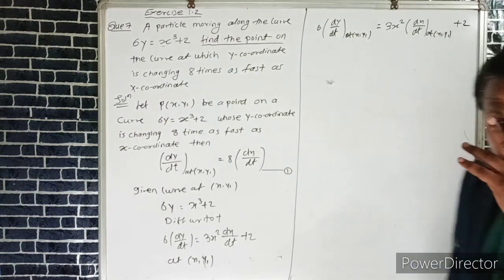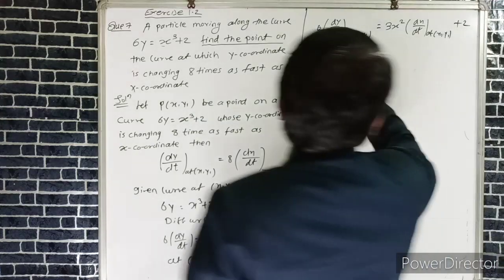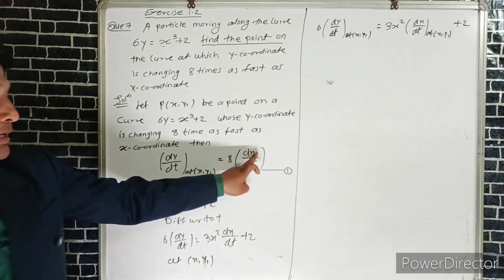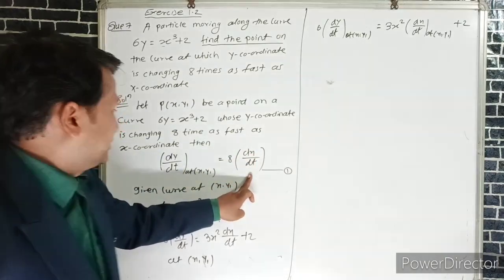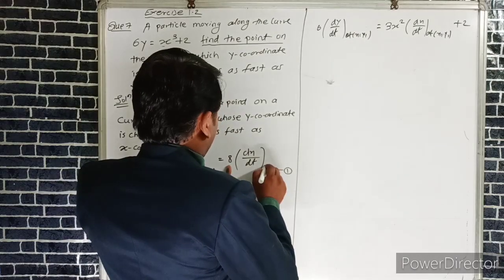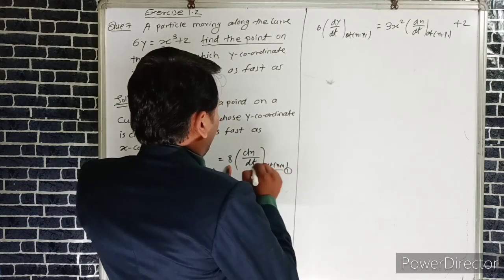From equation 1 we know that the value of dy by dt at (x1, y1) is 8 into dx by dt at (x1, y1).